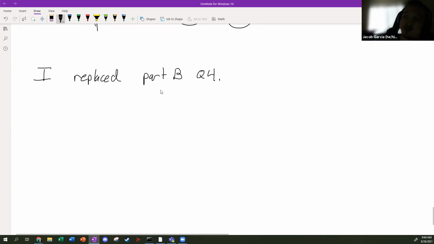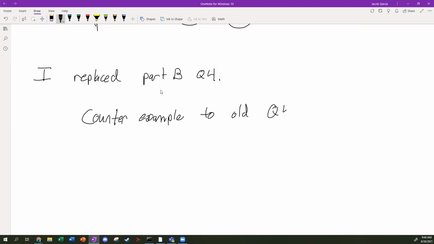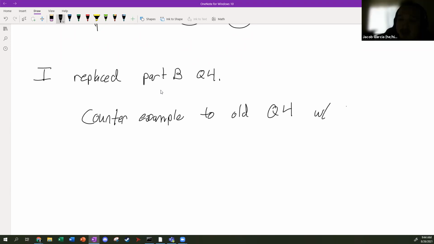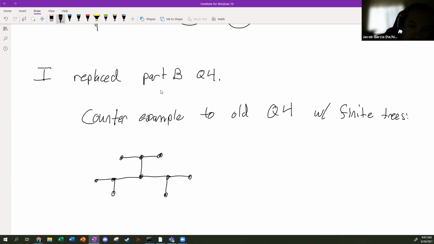Not everybody's a member of the Discord, but if you are, here's a counterexample to old question 4, with finite trees. Right, so these are the two spaces.